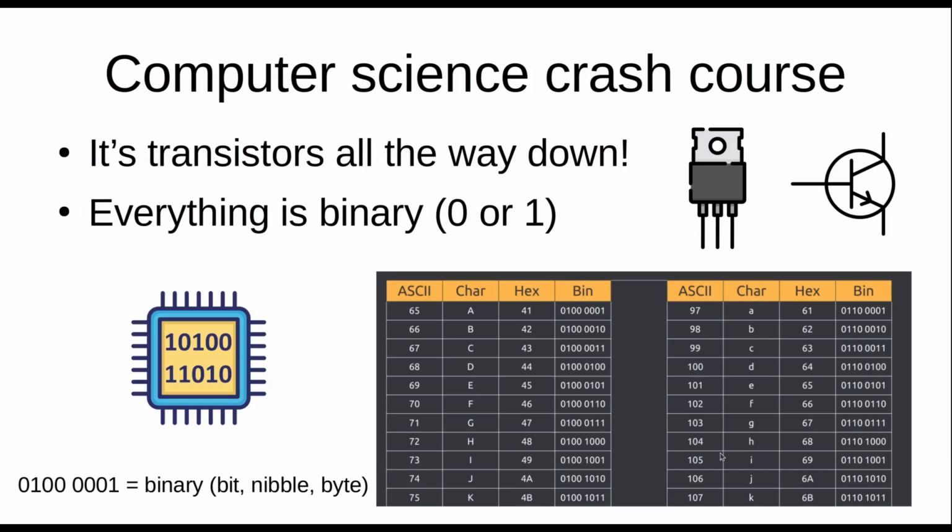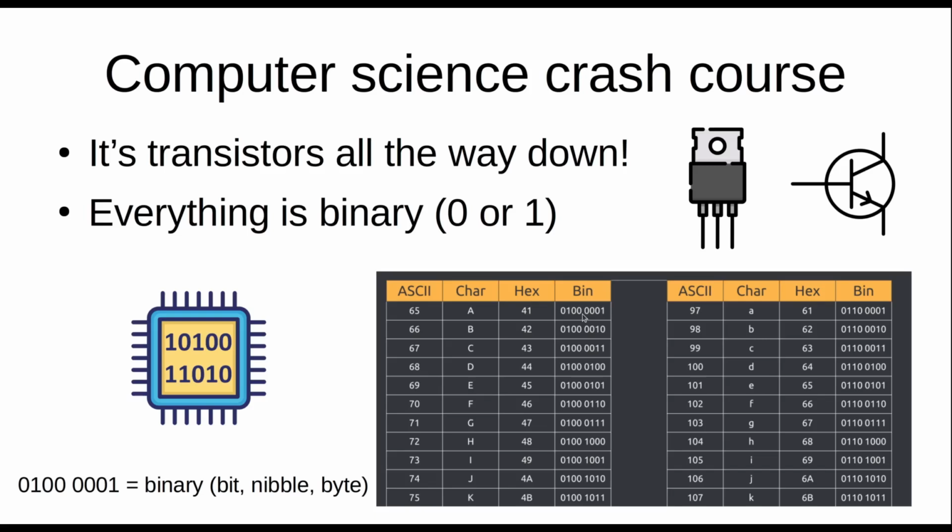And this whole thing here is the ASCII table, where every character in the alphabet is represented or mapped to a sequence of ones and zeros.